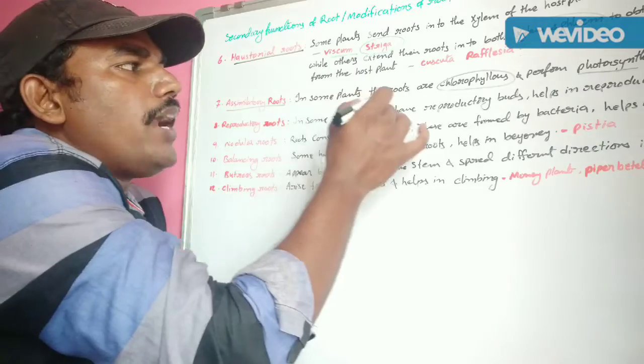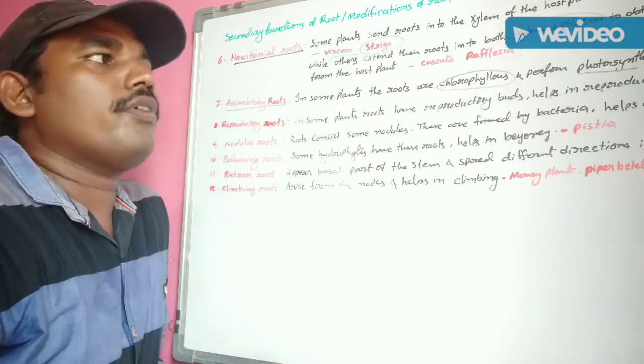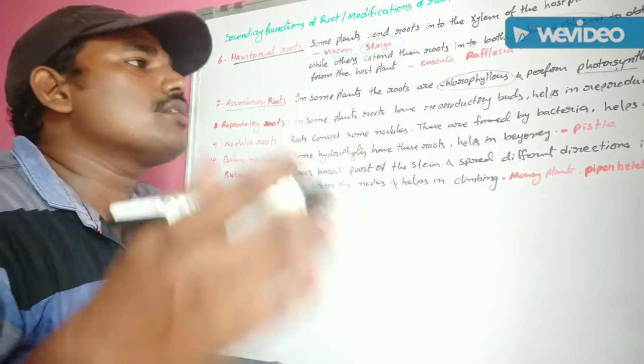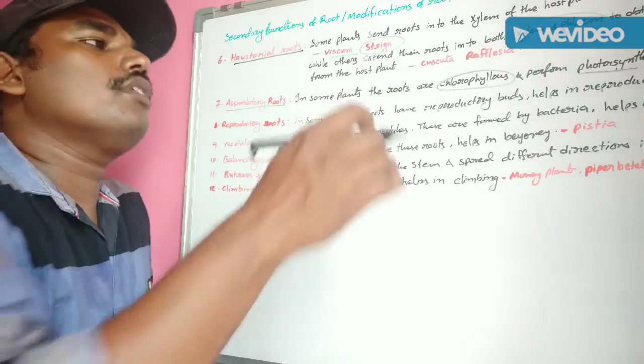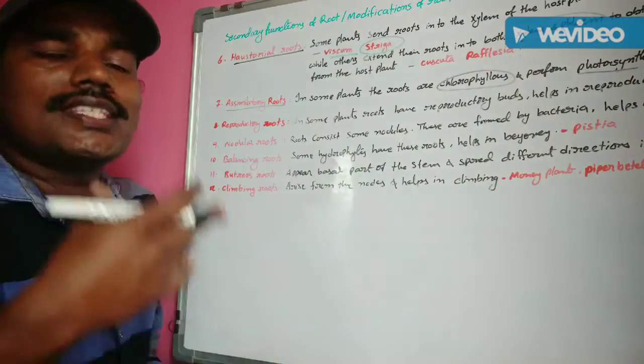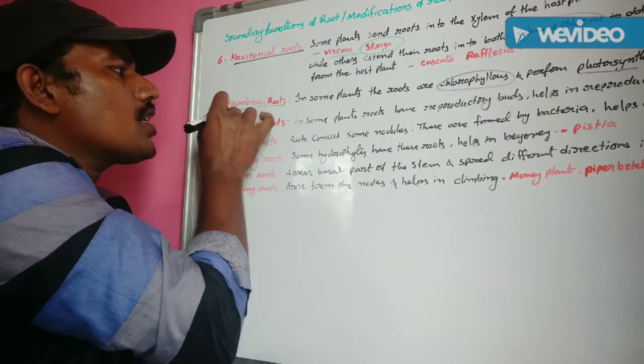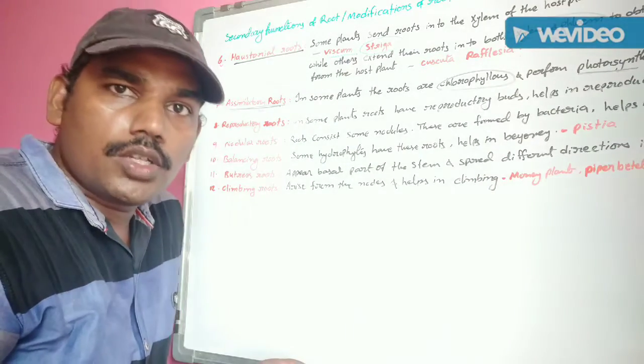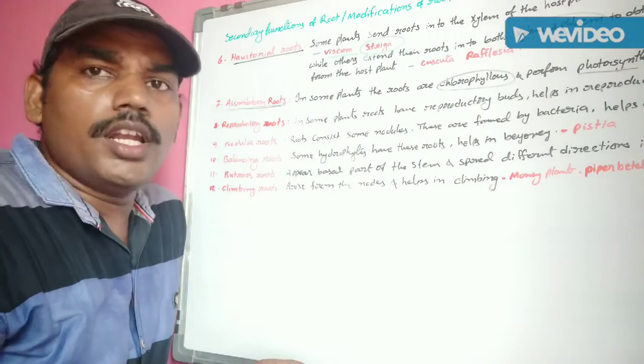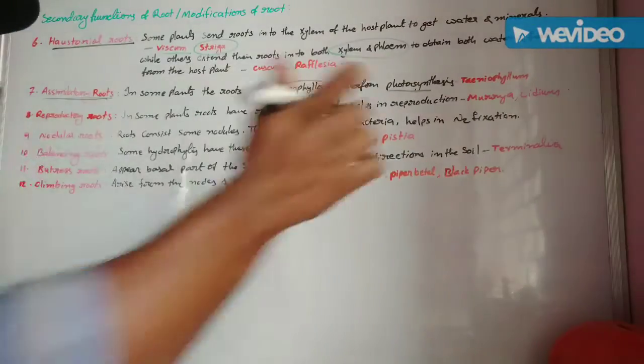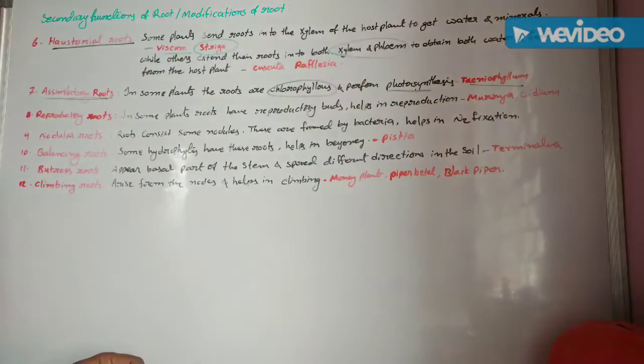So in some plants, the roots have chlorophyll and perform photosynthesis, the assimilation process. This type of root is known as photosynthetic roots or assimilatory roots. The best example is Taeniophyllum.